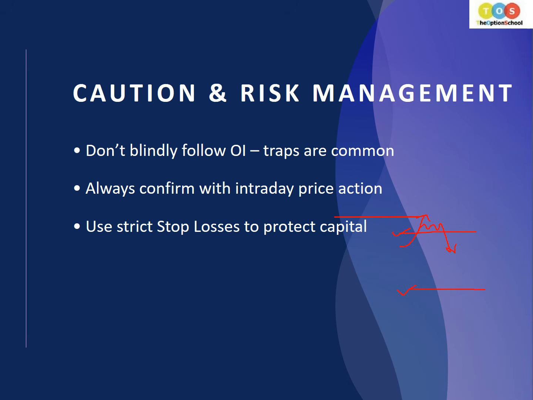So traps are common when it comes to this data. One must confirm this with the price action and also keep their eyes on the change in OI part. How much the change in OI is might tell you the perfect picture.